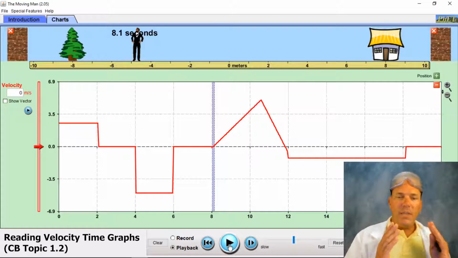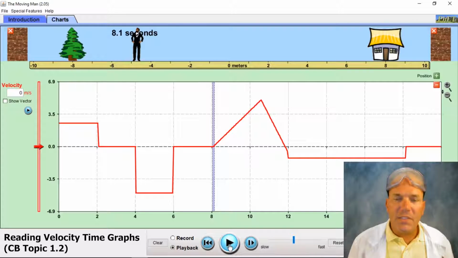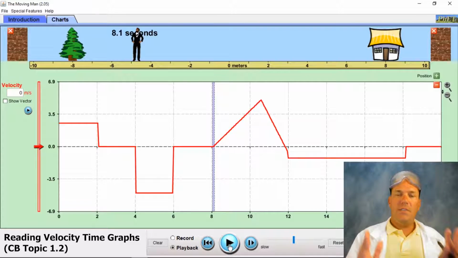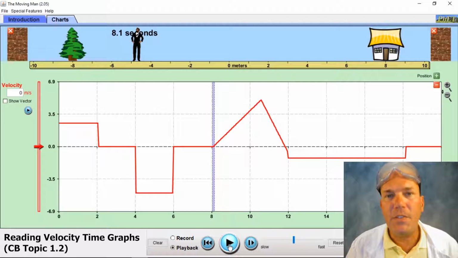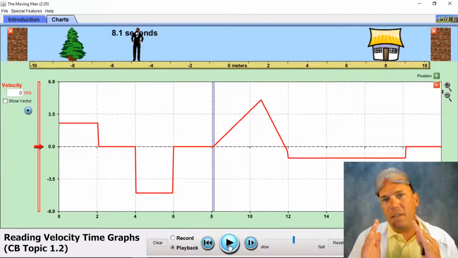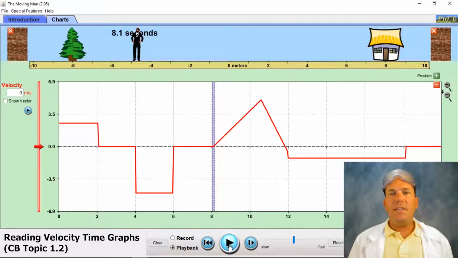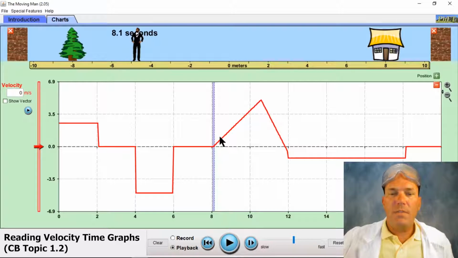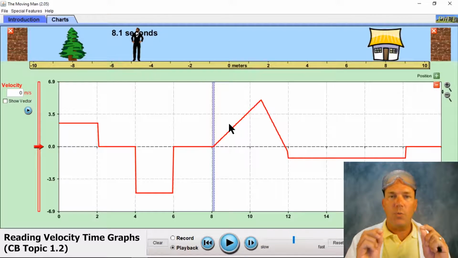Now, between 8 and 10.5 seconds, we're going to see something different. Note we have a positive slope. Note that it is a constant positive slope, which means the velocity of the moving man is increasing, but at a constant rate.